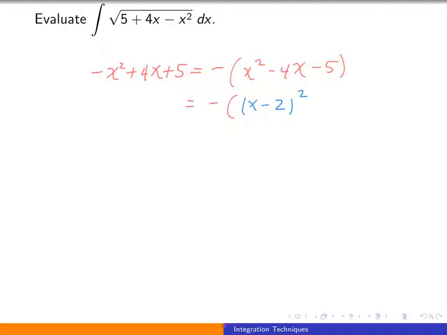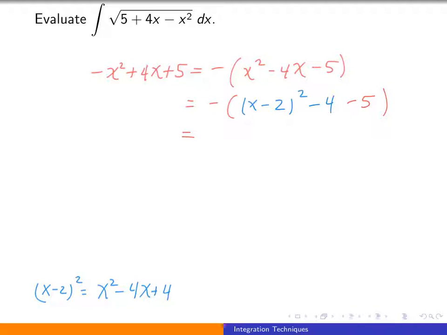But recall, x minus 2 quantity squared is going to be x squared minus 4x plus 4. So there's really a plus 4 coming along with what we have in parentheses here, and to balance it out with the minus 5, we need to think about putting a minus 4, and then there's the minus 5 which is there.